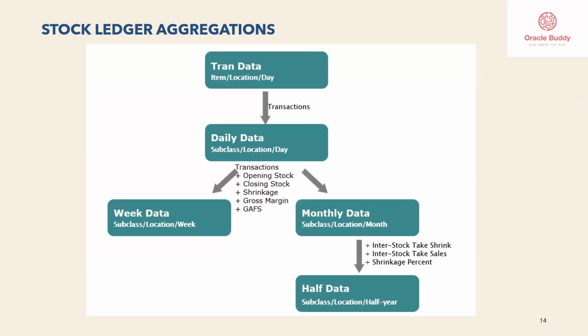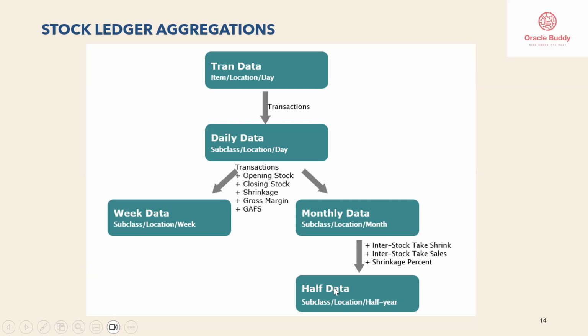Next topic is stock ledger aggregation. Here the trend data item location per day transactions are sent to daily data. Daily data rollup happens at subclass, location and day. Then from the daily data, the week data at subclass, location, week level is rolled up, and for month data, it is subclass, location and month.